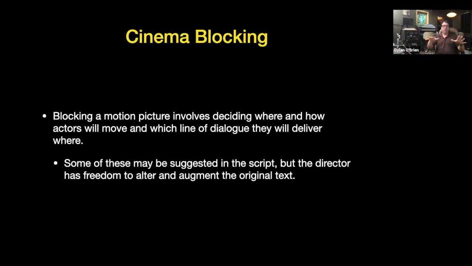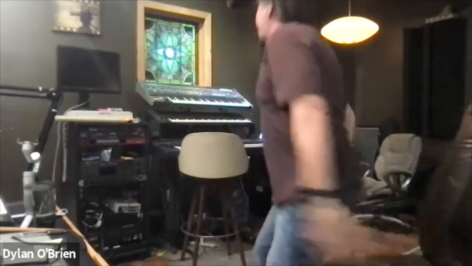At this stage in the game, I don't know what the locations are. We haven't gotten locations, we haven't got sets built, but that shouldn't stop my mind from imagining what I think it is. So I may think about, do I want this character sitting down when they talk? Or maybe there's a moment when they're about to reveal something and they stand up and talk, and I might think about that.